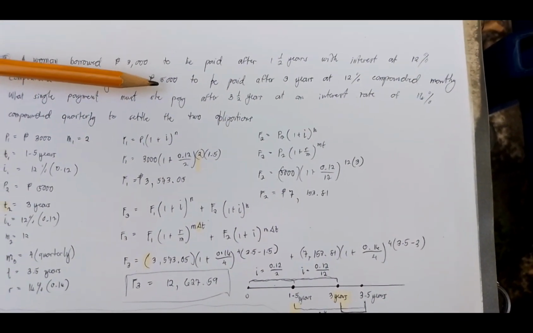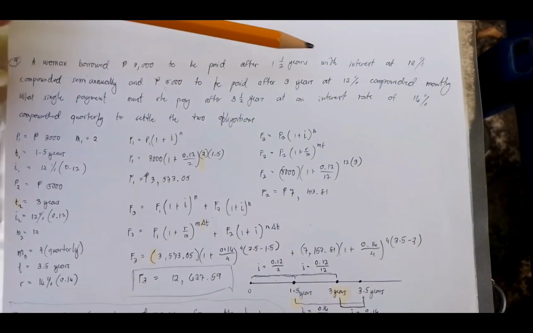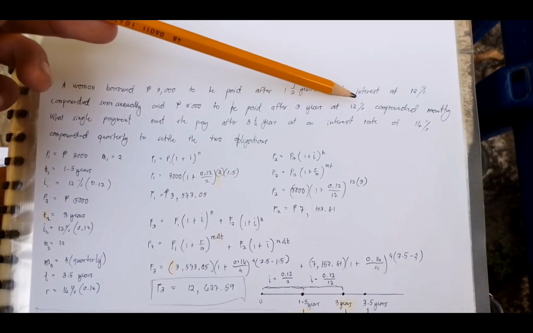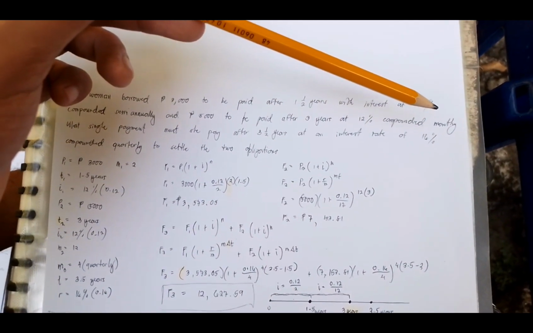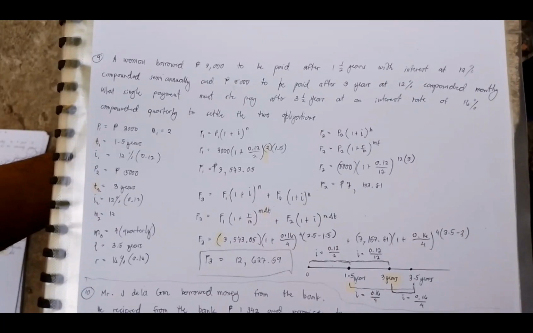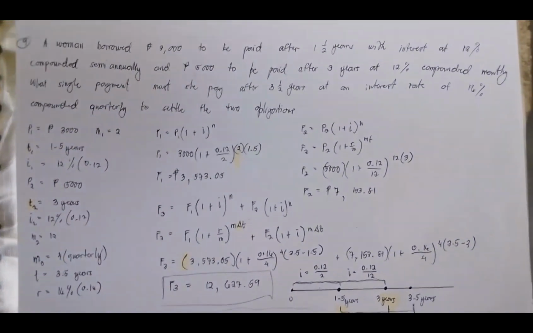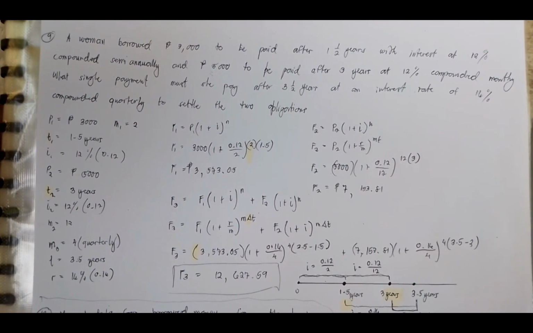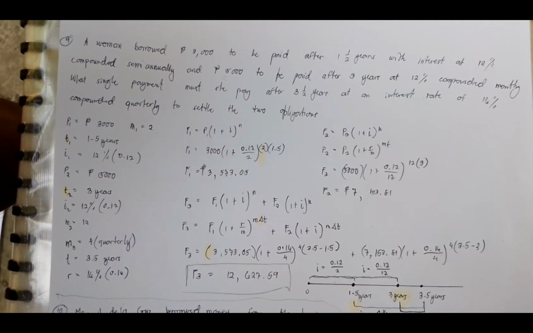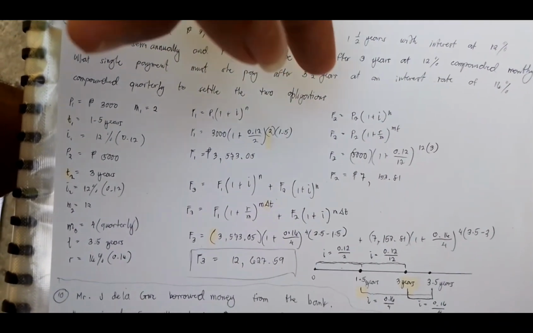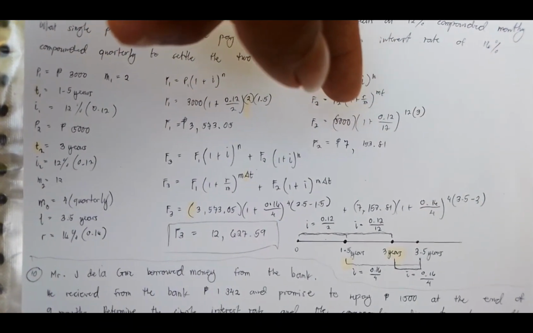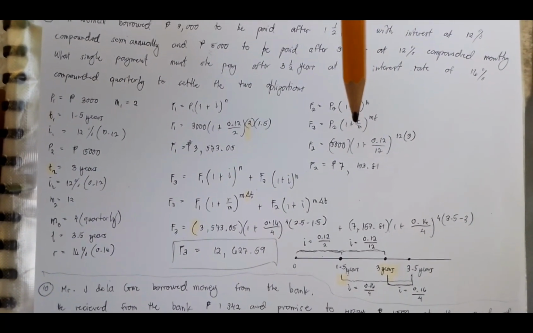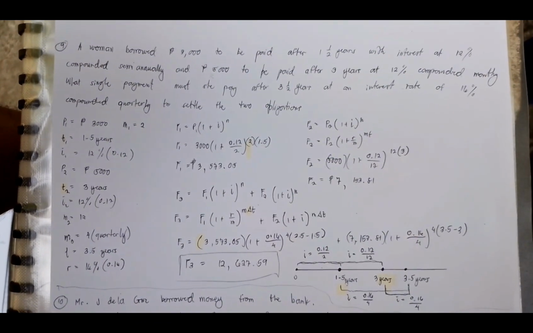Now for F2. Our principal is 5,000. Time is 3 years, compounded at 12%, our nominal rate, compounded monthly, meaning 12. So simply substitute. F2 is equal to P2 times the quantity of 1 plus i raised to n. Remember, i is rate over mode, which I explained in the earlier videos.